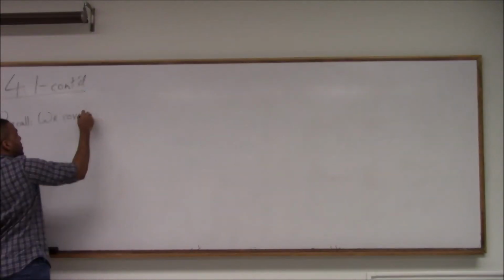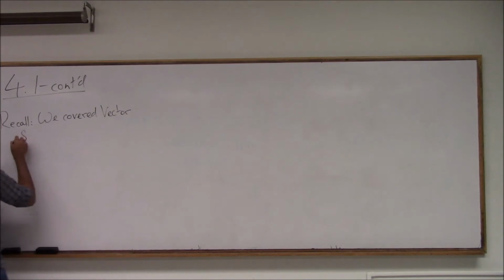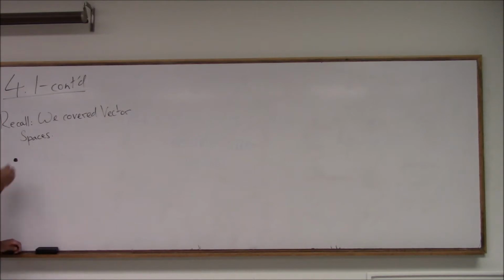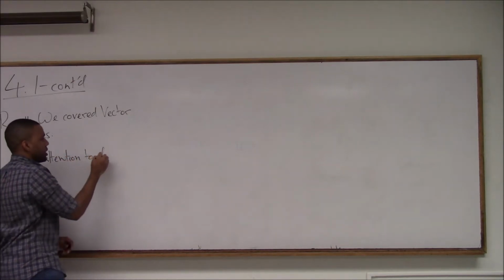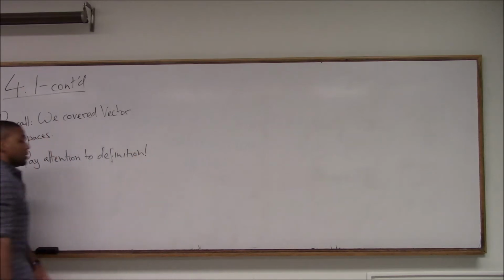Recall we covered vector spaces, the definition, which is very long to write down, so I'm not going to do that again. But it's something you should be very familiar with. One, pay attention to the definition. Those are some things to take away. Don't just think you can read over it. Something you have to pay attention to.